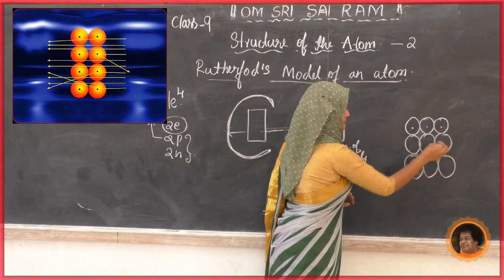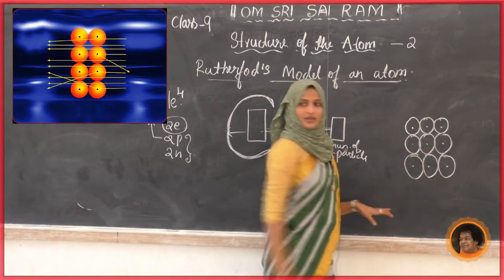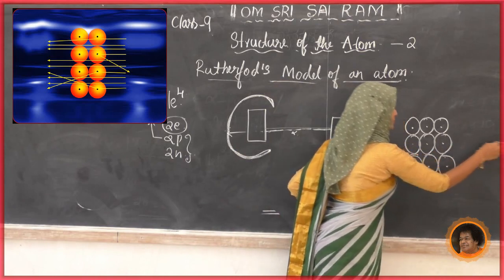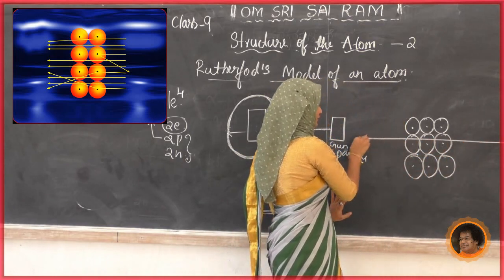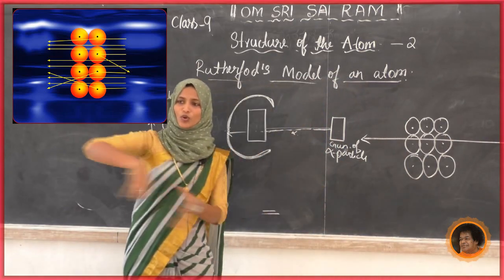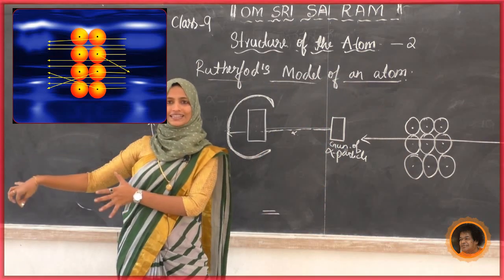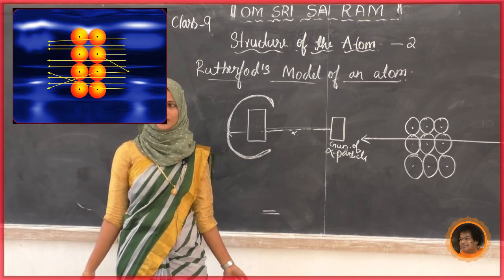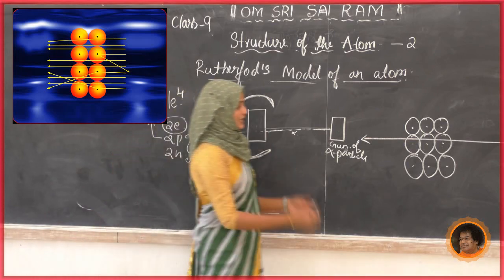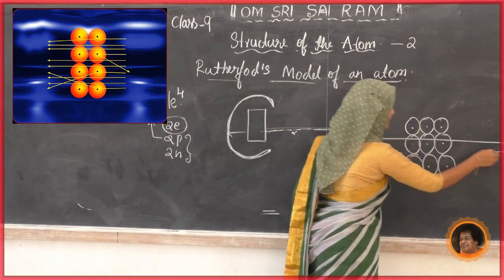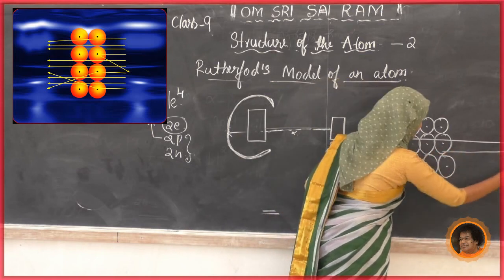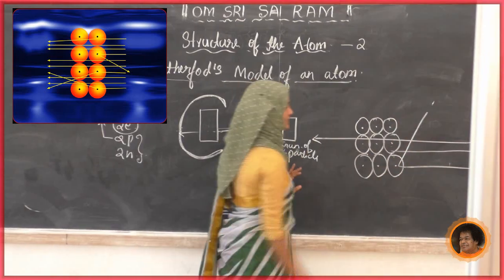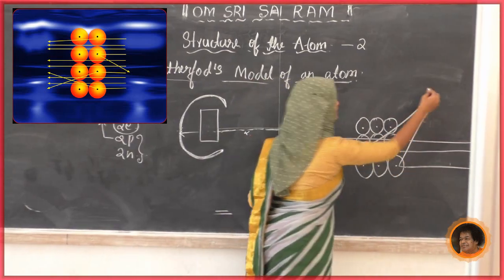A gun of alpha particles fires like this, and some of the alpha particles pass straight through the gold foil without any deflection. In some cases, some of the alpha particles come like this or like this, and they deflect at a small angle, or come like this and deflect at a small angle.